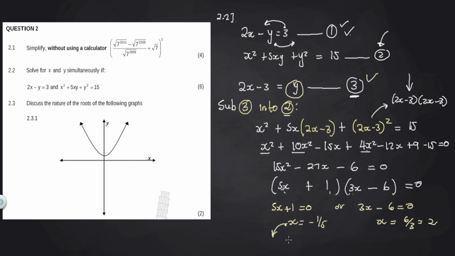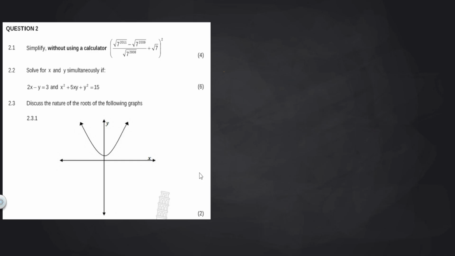I'm getting y that is equal to minus 17 over 5. Then we do the same thing, we do 2, then I'm getting y that is equal to 1. So that is how we solve our simultaneous equation.